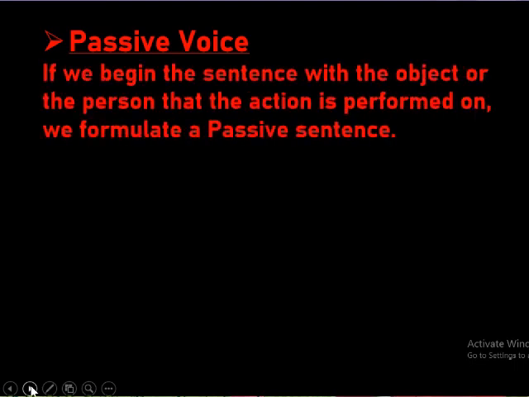Passive voice. Now, if we begin the sentence with the object or the person that the action is performed on, we formulate a passive sentence.